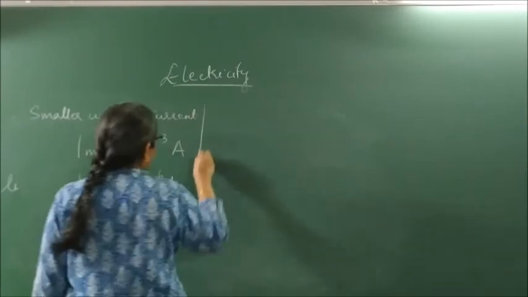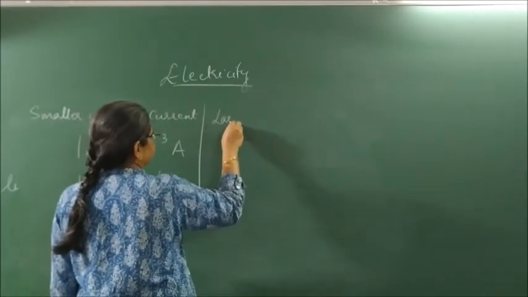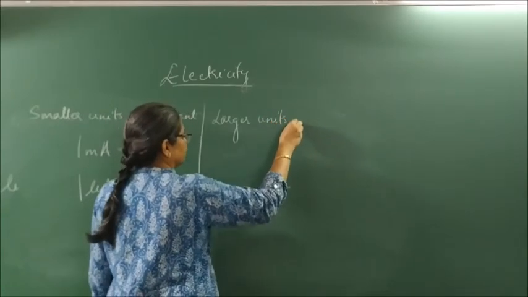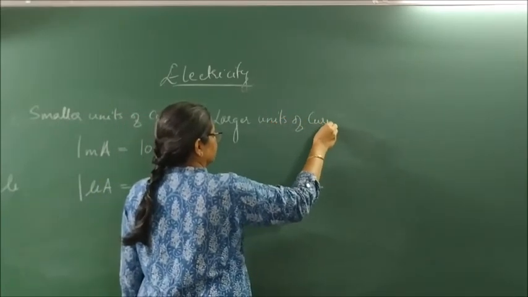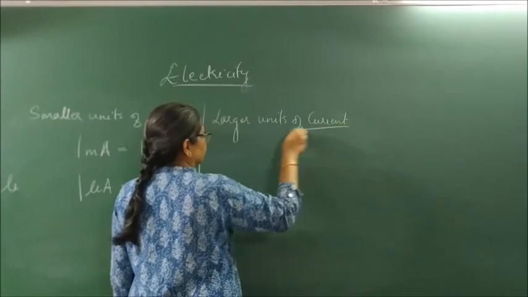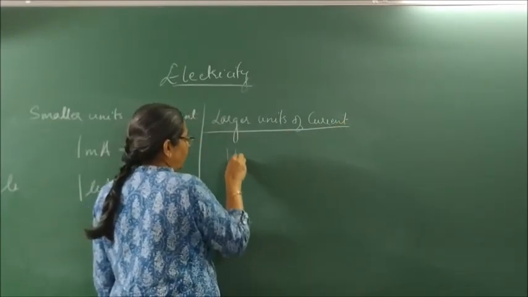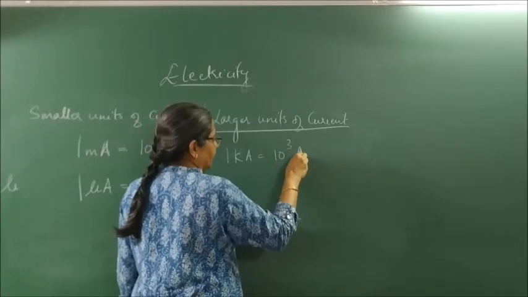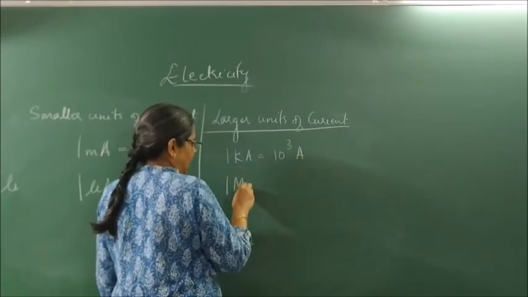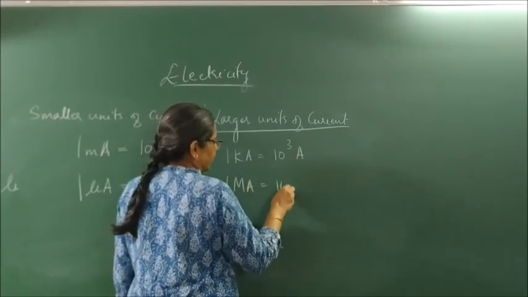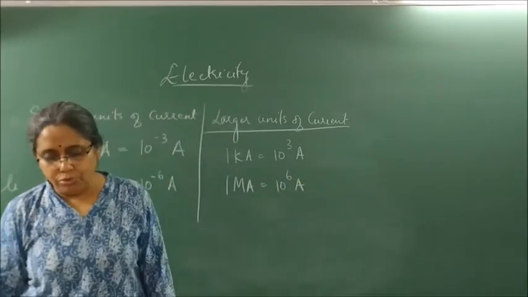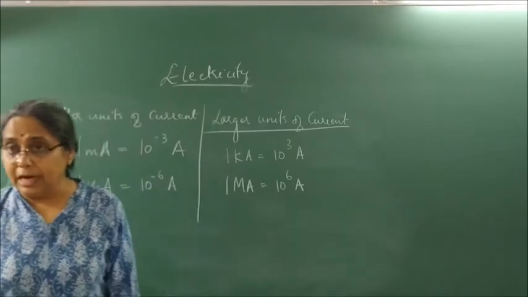Now for larger units of current. 1 kiloampere is 10 to the power of 3 amperes and 1 megaampere is 10 to the power of 6 amperes. I have taught only 2, I have not gone to giga and all.